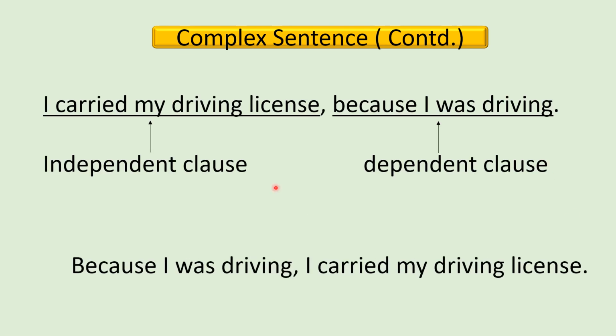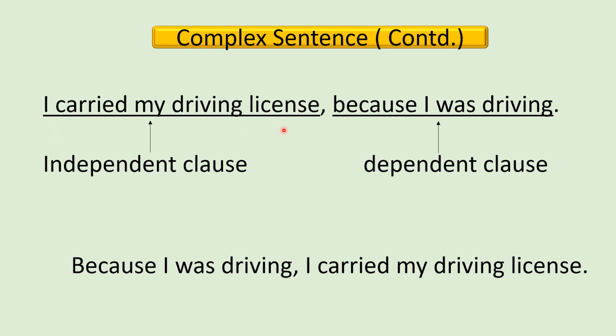All right. I carried my driving license because I was driving. Because I was driving, I carried my driving license. Is it correct? Absolutely. What I want to tell you is that the dependent clause can be written either at the end of the sentence or in the beginning of the sentence, like so. Make a note of that.